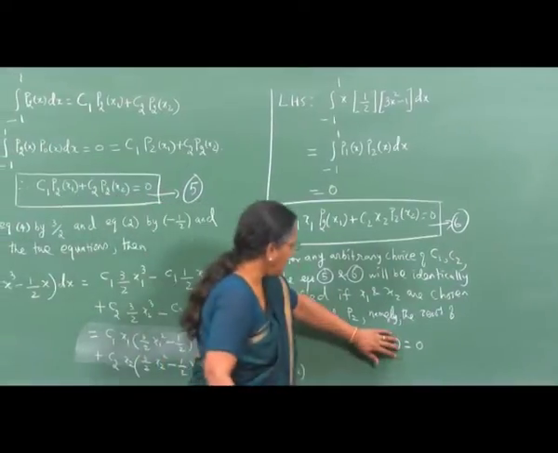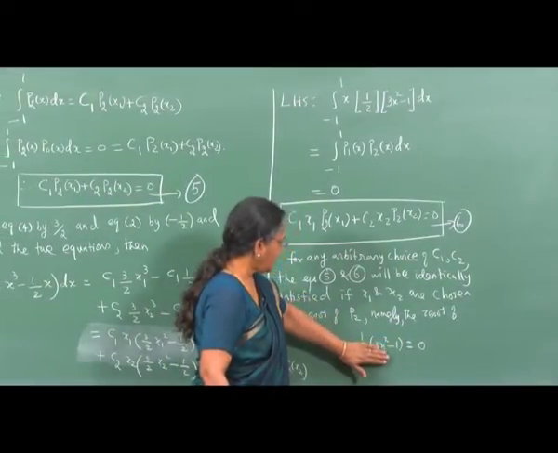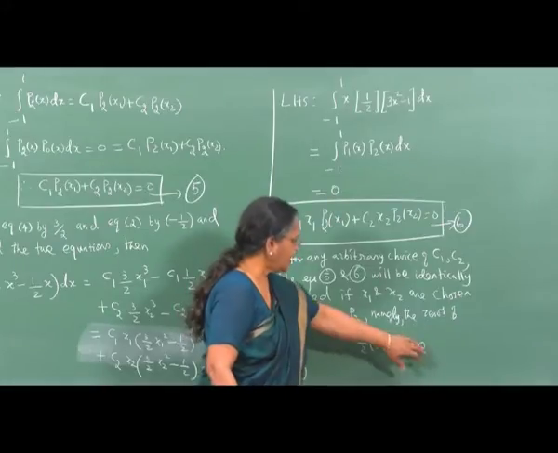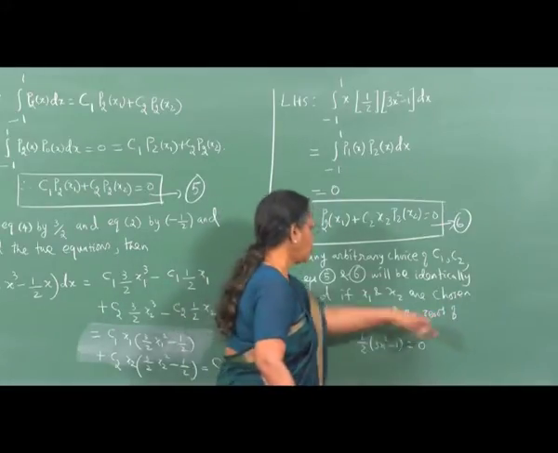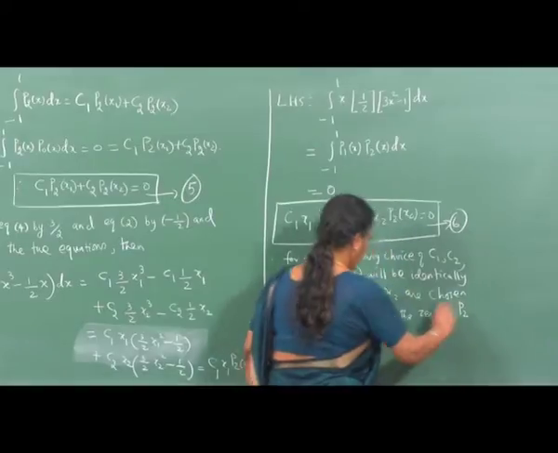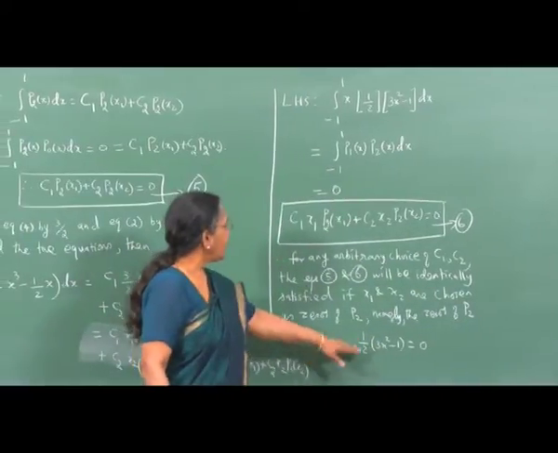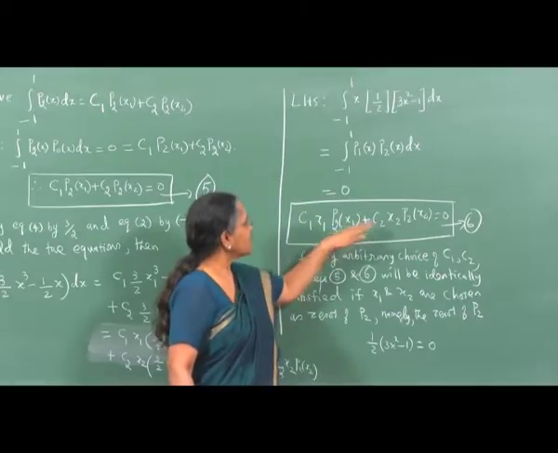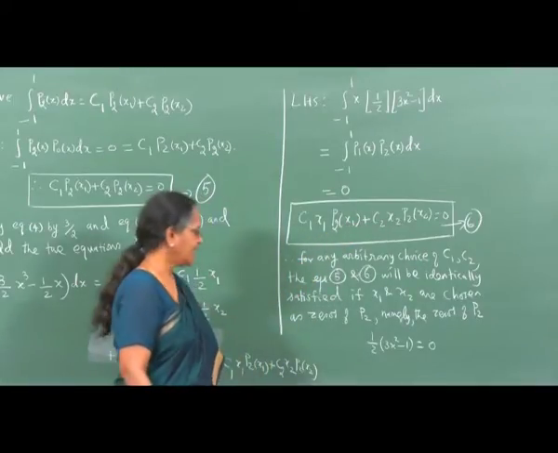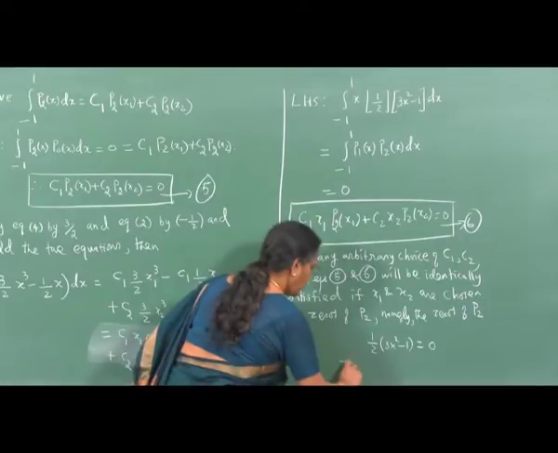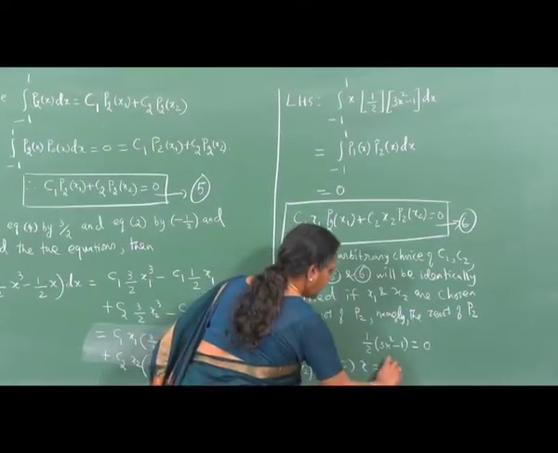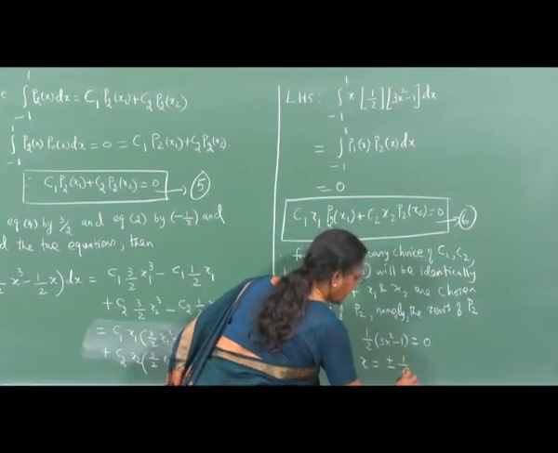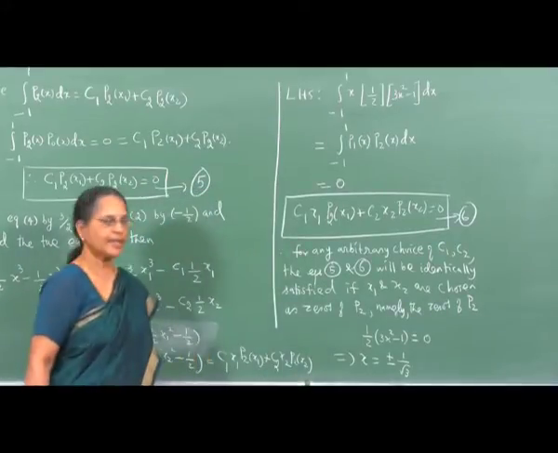This is P2 of x. So, if I consider the roots of this equation, which are zeros of P2, then they will identically satisfy equations 5 and 6. So, what are the zeros? They are given by x is equal to plus or minus 1 by root 3.